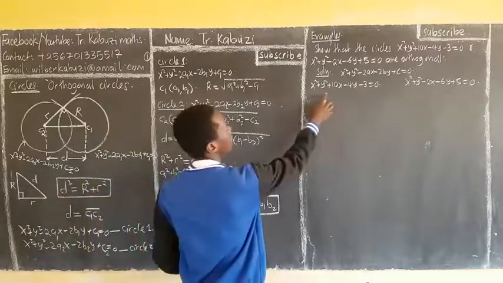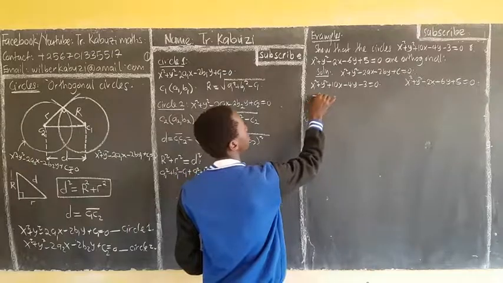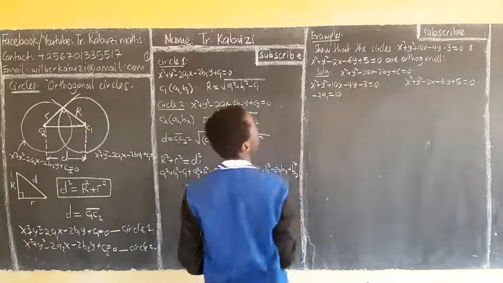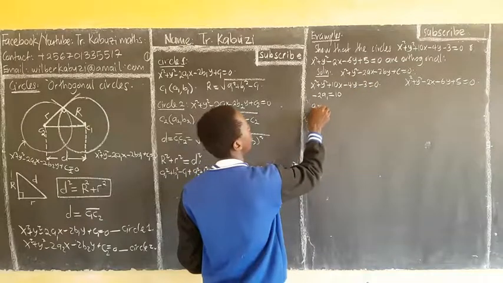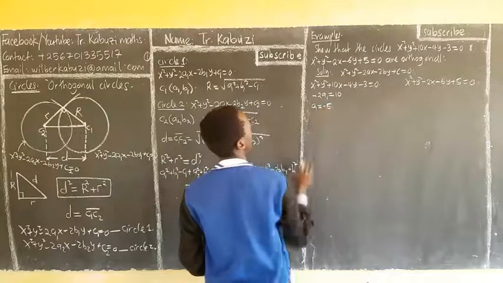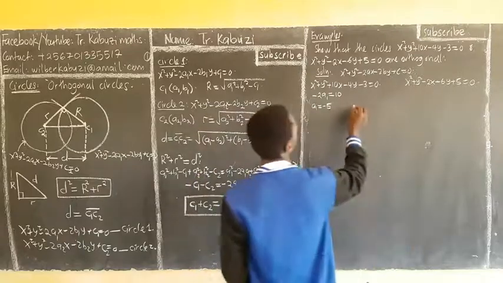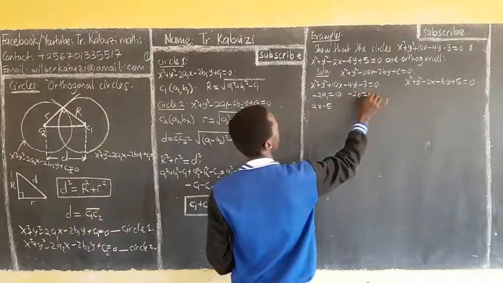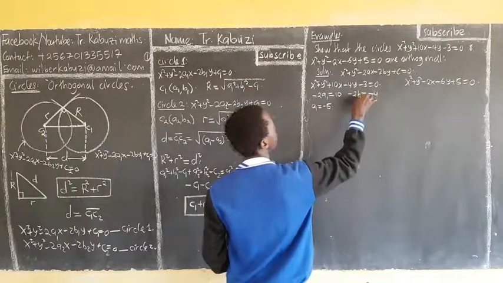So the center here, if we compare, is that negative 2a1 will be 10, because this one is going to be a. So that a1 is going to be negative 5. Then from here, negative 2b1 is going to be negative 4. Now this is b1.